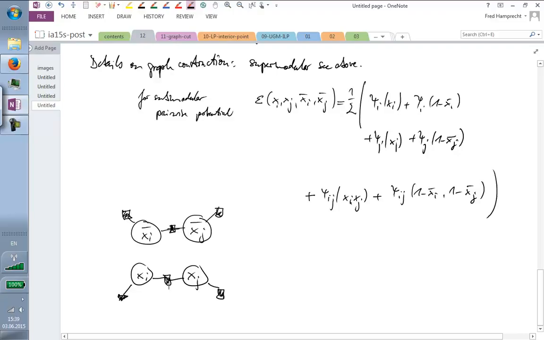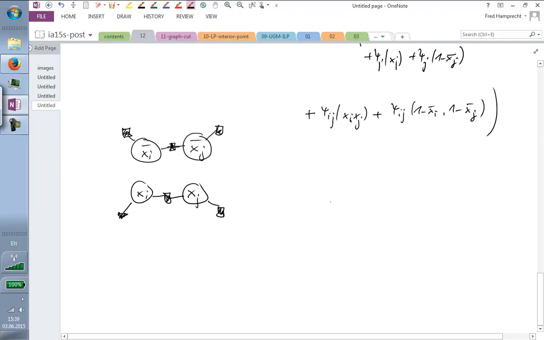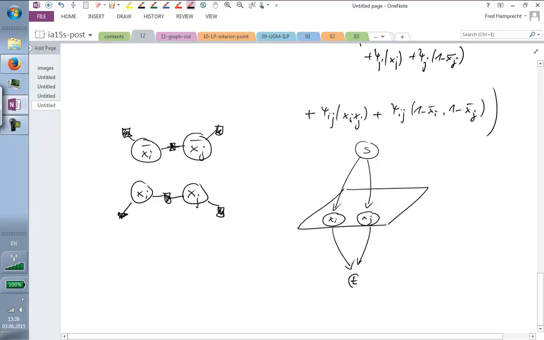If I only had submodular potentials, if I draw you the corresponding graph, then this would simply be a replication of the same flow graph being used twice. This would be the first flow graph, and then I have a second flow graph with xi bar and xj bar.